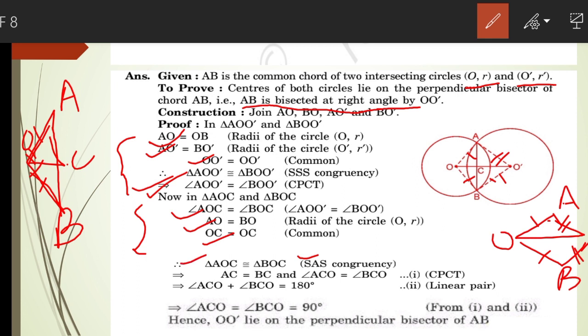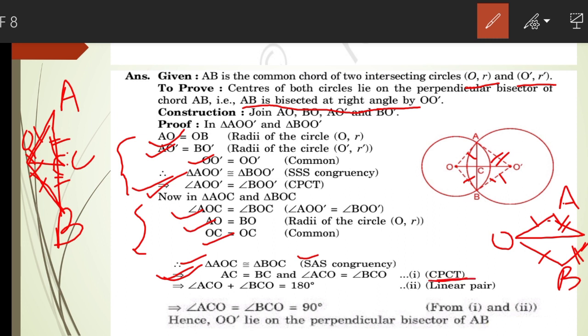Since the triangles are congruent, we can say AC is equal to BC. That means the point C divides the line AB into equal halves. Along with it, angle ACO and angle BCO are also equal by CPCT. So both of the things follow from the CPCT.